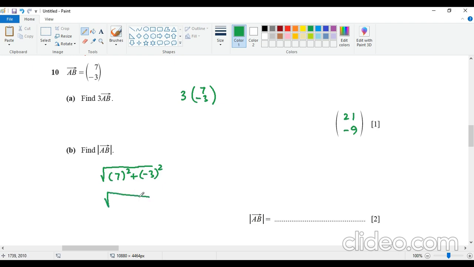So this is going to give us 49 plus 9, and this is going to be 58. And when using a calculator, if you find the square root of 58, it's going to be 7.615. So we may round it off to two decimal places and make it 7.62.